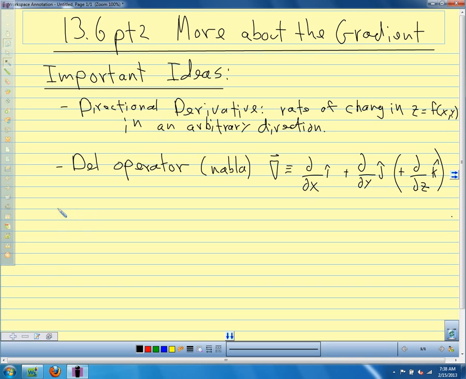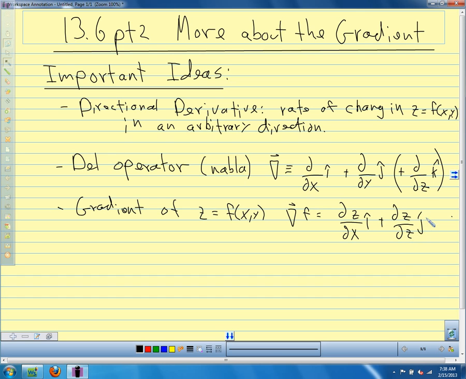The gradient. So we talked about the gradient of a function z equals f of x, y. We said that del f is dz/dx i plus dz/dy j.